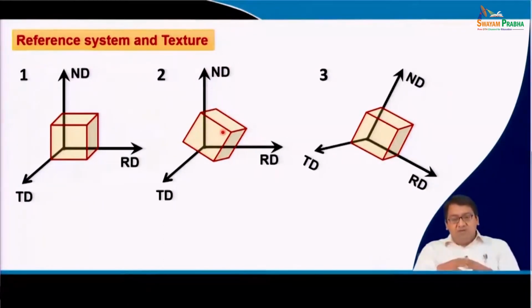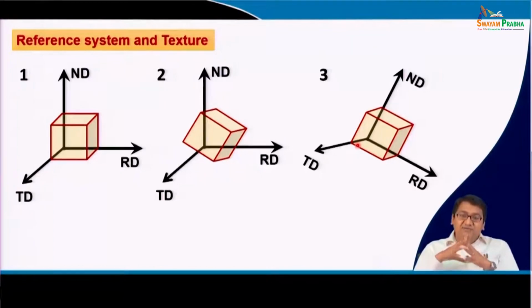On the other hand, if you look at the third one, not only has the unit cell been rotated like the second one, but in the third one the important sample reference axes are also rotated.